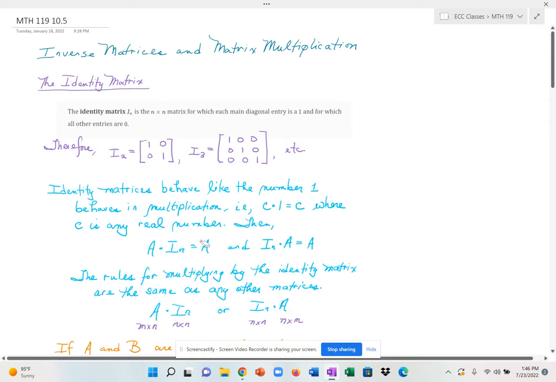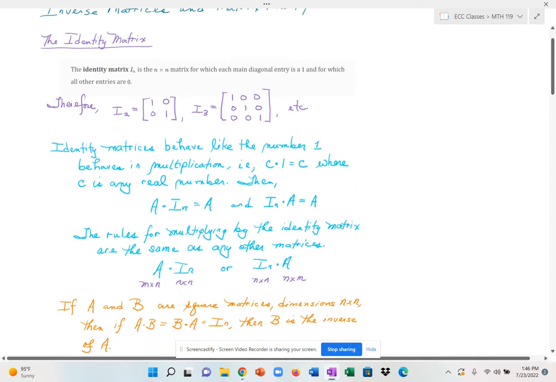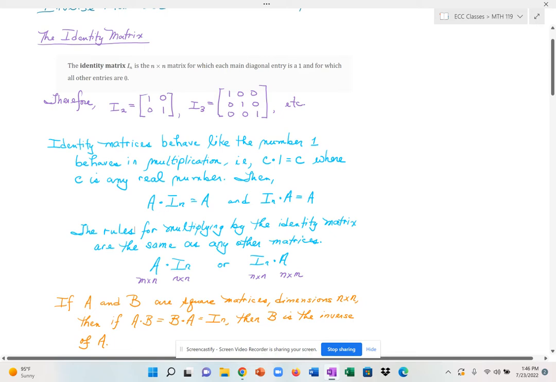And so we talked about how to multiply matrices in the last section. Because there are rules in terms of your dimensions, if your matrix A is an m by n matrix, then the identity matrix has to be an n by n.